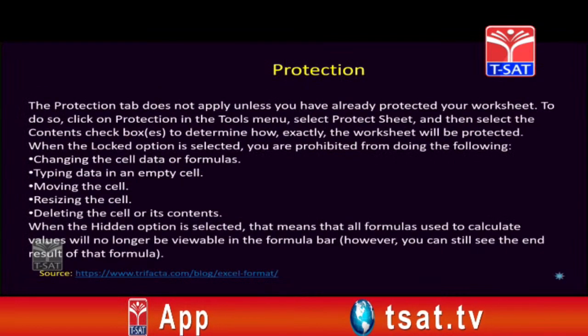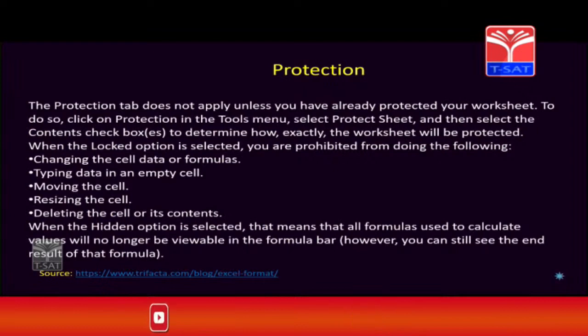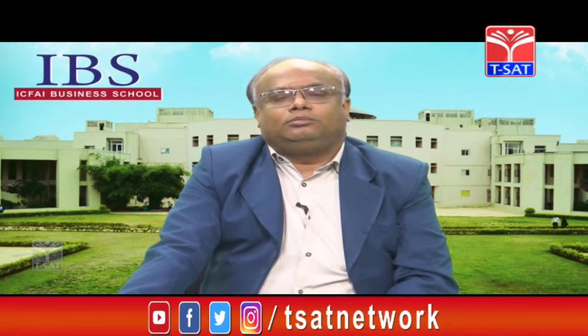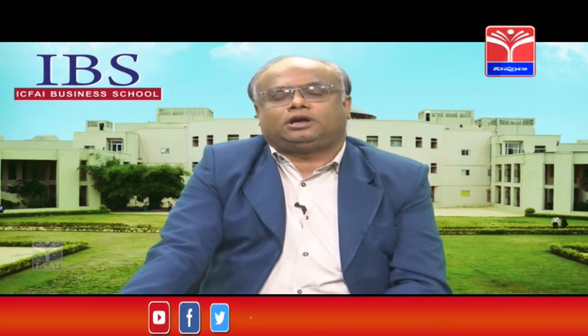And the last alignment option that is provided as part of our formatting is known as the Protection tab. Unlike any of the previous options that we have seen, the Protection tab does not normally apply unless we have already protected our worksheet.